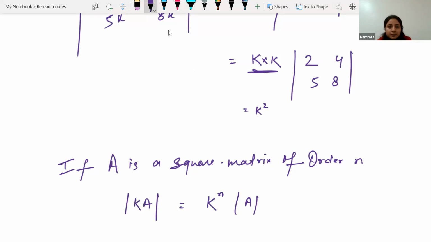The way you can see, it was of order 2, right? 2 cross 2 we are having over here. So we have got k to the power 2 over there.